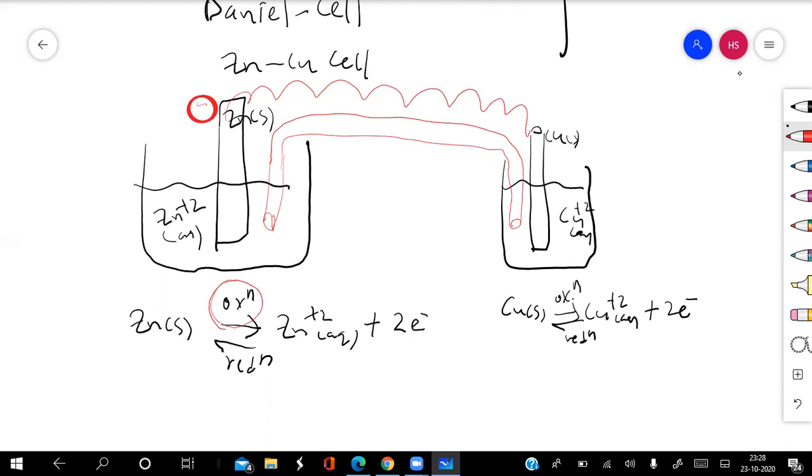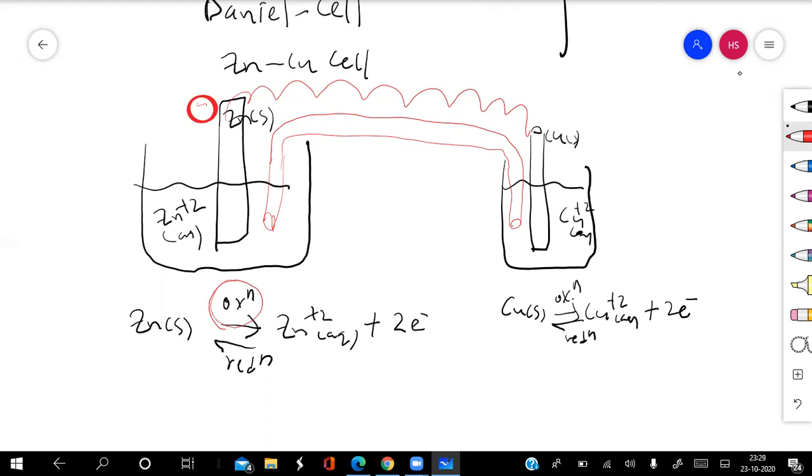So out of these two, who has more tendency to undergo oxidation? It is zinc. Therefore, when you connect zinc and copper together, you have to place zinc on the left hand side. Why? Because the one which undergoes oxidation is always kept at the left hand side.